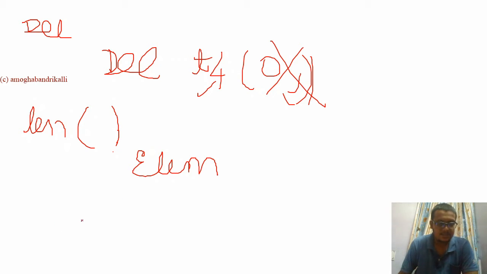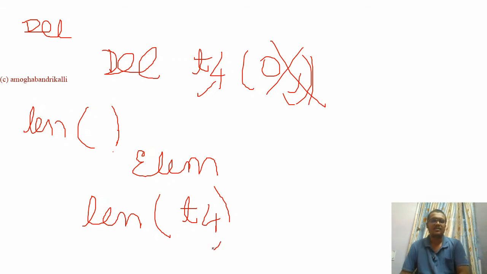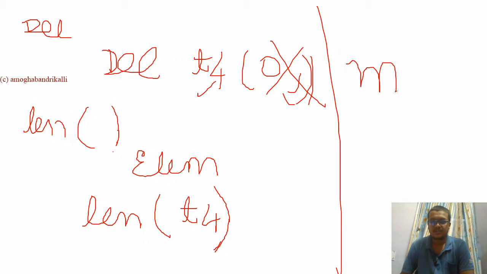The syntax is very simple. You need to pass the tuple name which you have created. So that is called the length of a tuple. So this is the syntax. We can see the example with another two functions. The next one is the max operation.